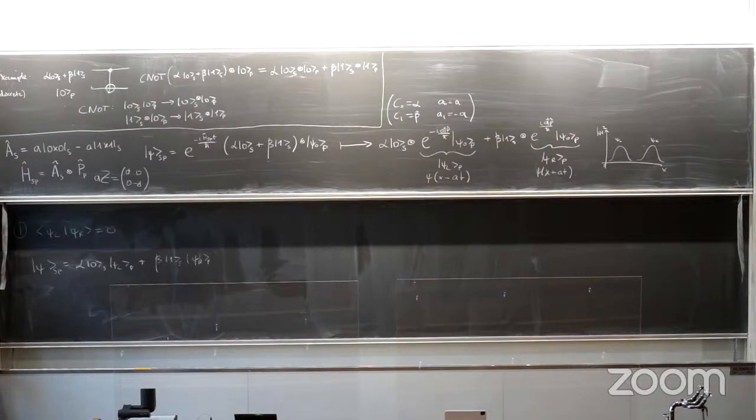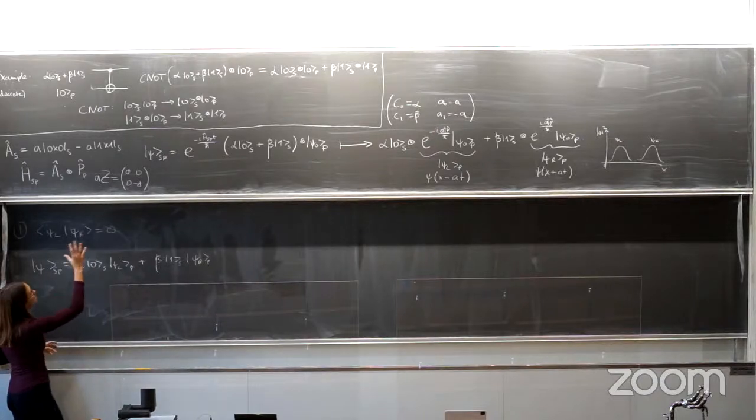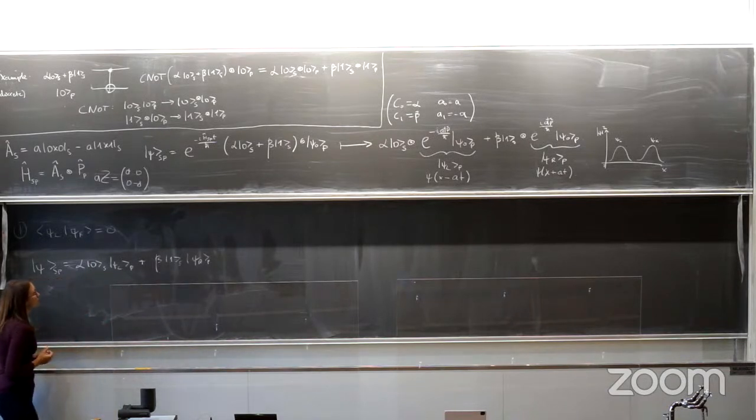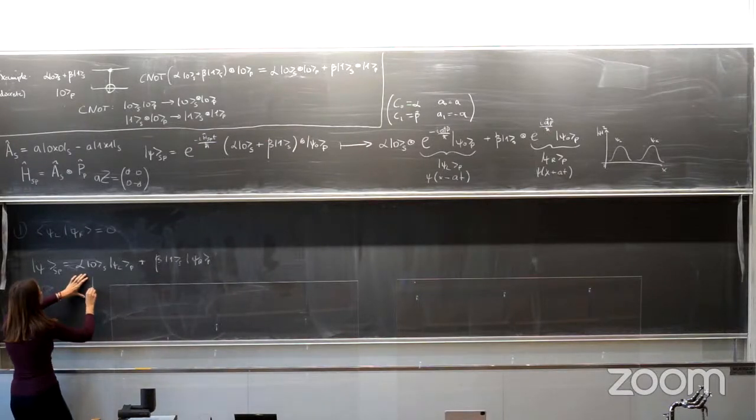Yes, exactly. So this is a very important point. When you measure the pointer in spaces which are orthogonal to each other, or you even construct the Hamiltonian in such a way that these two are orthogonal to each other, then after you measure the pointer, you lose all the information about the initial state, because you collapse the state.